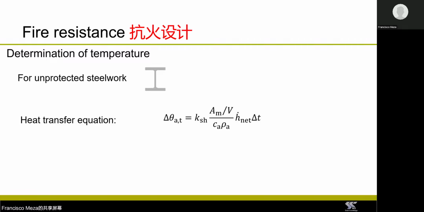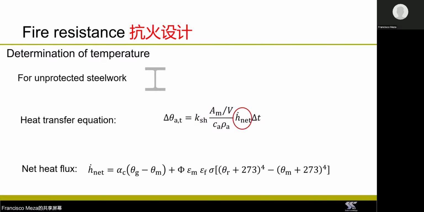Now you can see that there are several parameters that will affect how the heat from the fire is transferred to the steel section. And for example, we have here these parameters, which take into account the shape of the steel section and how it is exposed to the fire. We also have the net heat flux parameter, which takes into account the type of fire you are considering in your design.